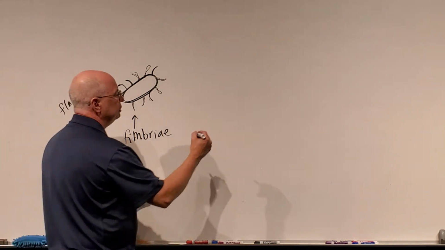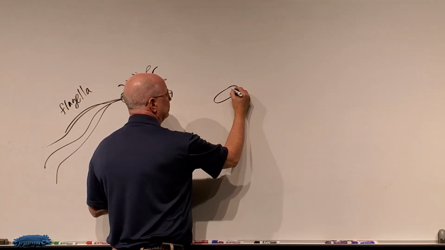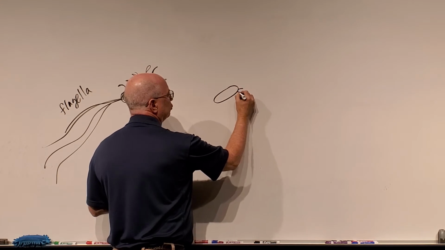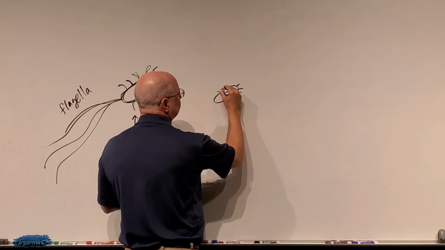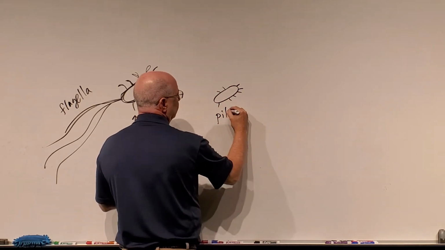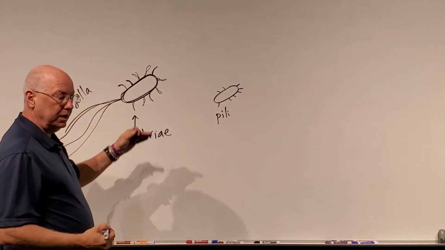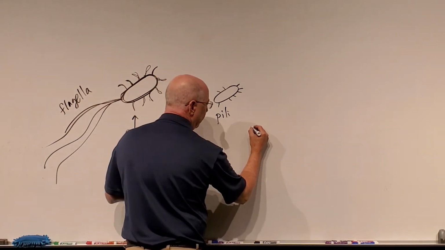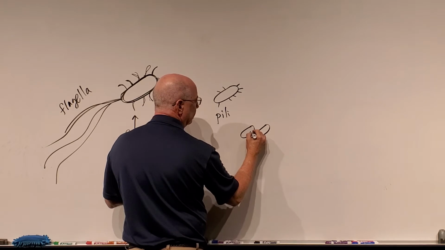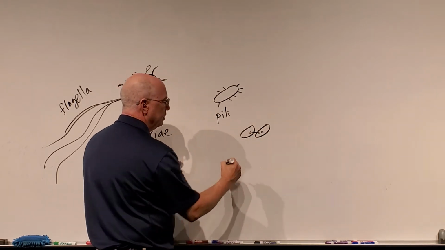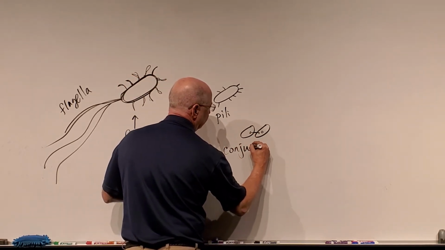Now, I also mentioned this before. Some bacteria can have little structures sticking off called pili, and that will allow them to attach to other cells. Pili are rather short, hair-like structures, and if one bacterium attaches to another with its pilus and it can inject its DNA into the other, we call this process conjugation.